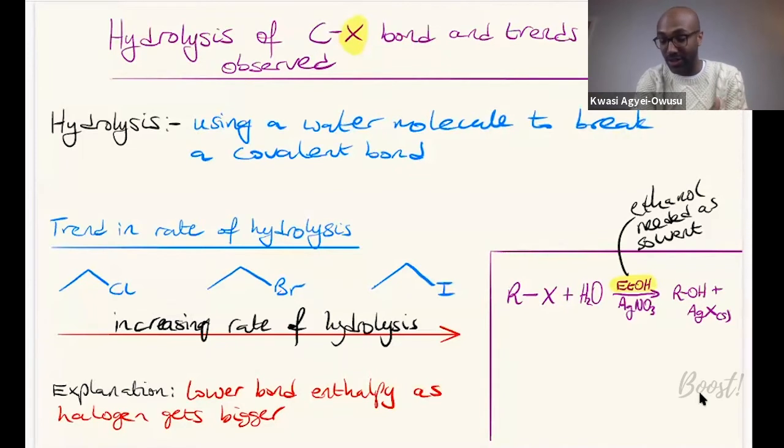So in this instance, if it were chloroethane you were hydrolyzing, then you would end up forming a silver chloride salt. So the AgX that I've shown in my equation here, highlighted here, would be a silver salt, and an example of that would be silver chloride, for instance, which is a white precipitate.